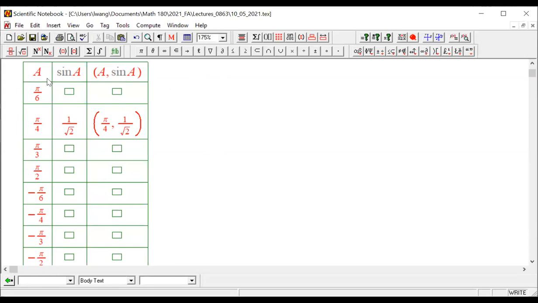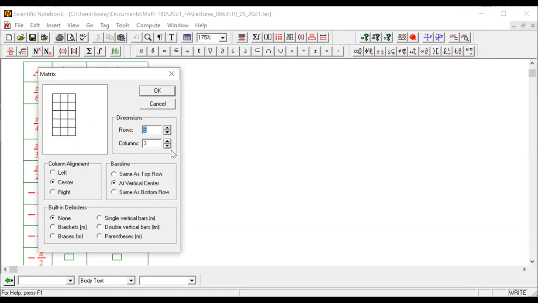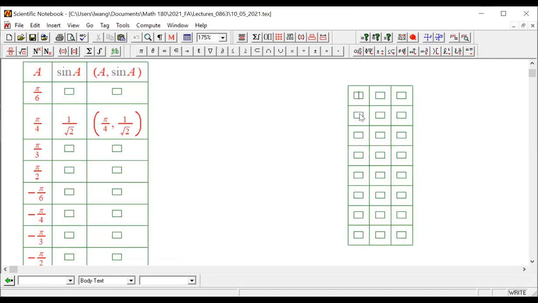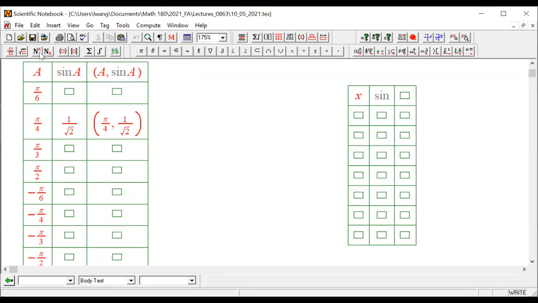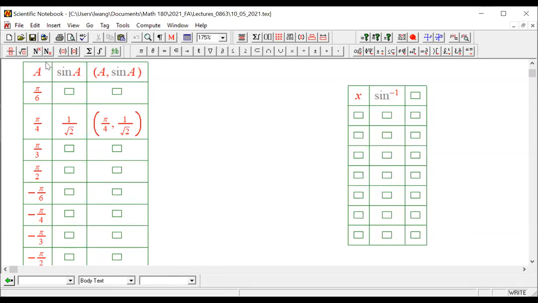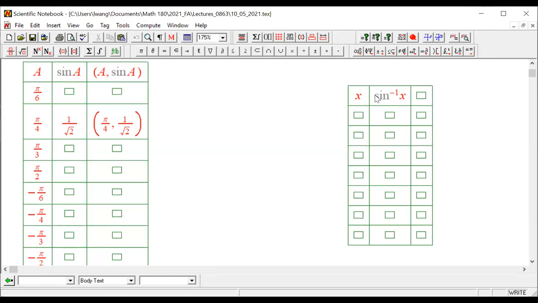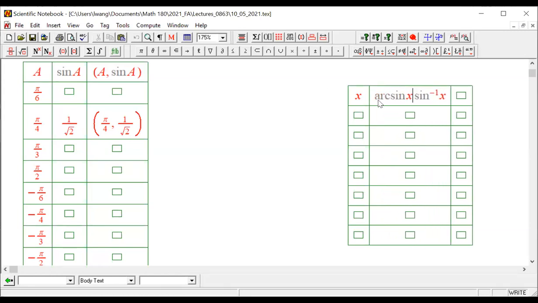On the other side, of this other table, this time the input is going to be ratio, sine inverse of x, or arcsine x.